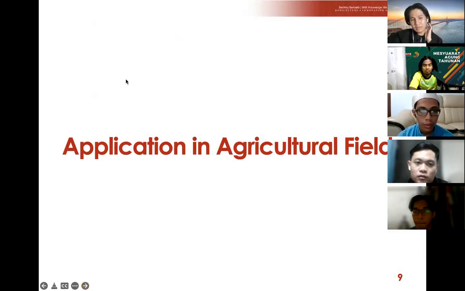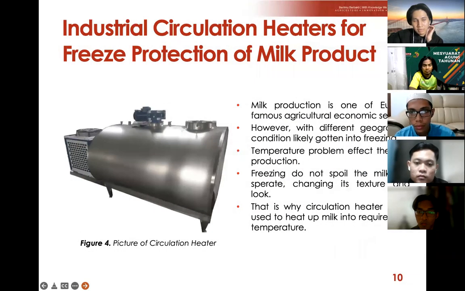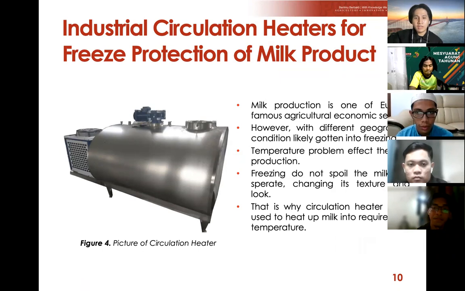Thank you, Shazwan. In my part, I will explain the application of the circulation heater in the agriculture field. Basically, there are two types of application. The first is the industrial circulation heater for freezing protection of milk products. Milk production is one of Europe's famous agricultural economic sectors. However, with the different geographical conditions, Europe is likely to get into freezing conditions.